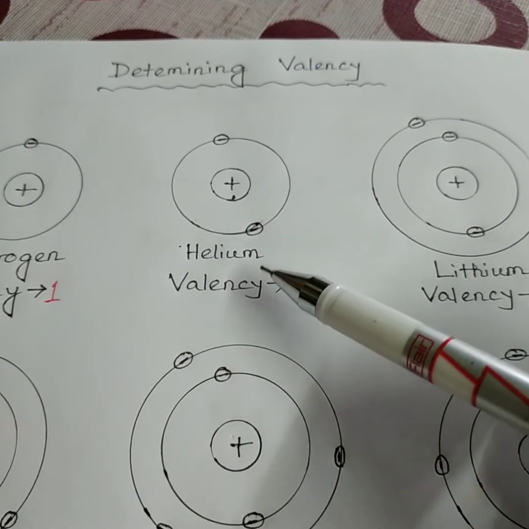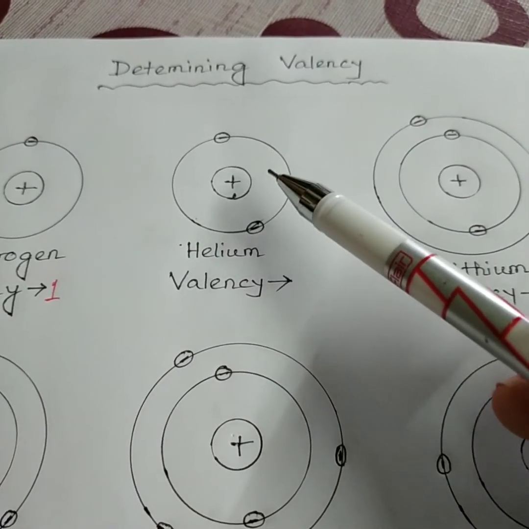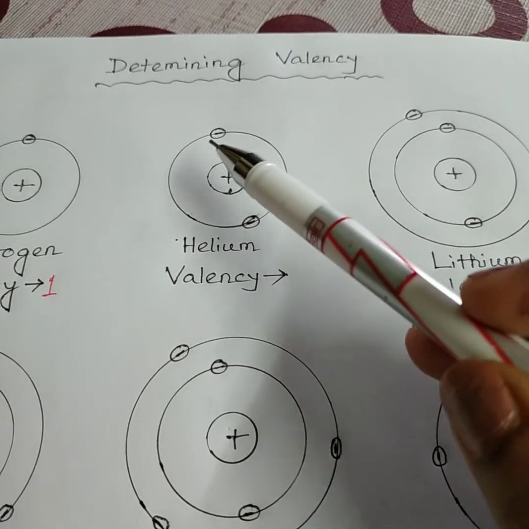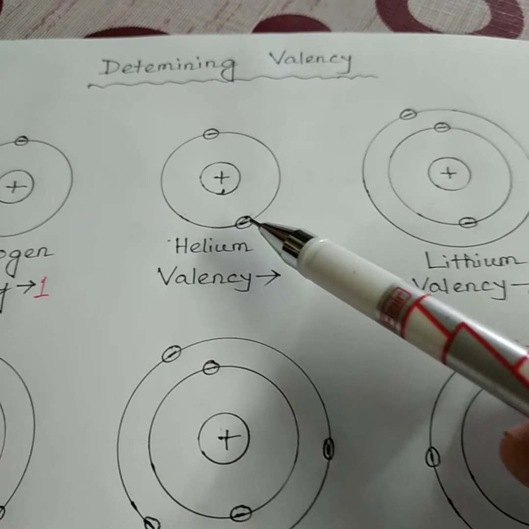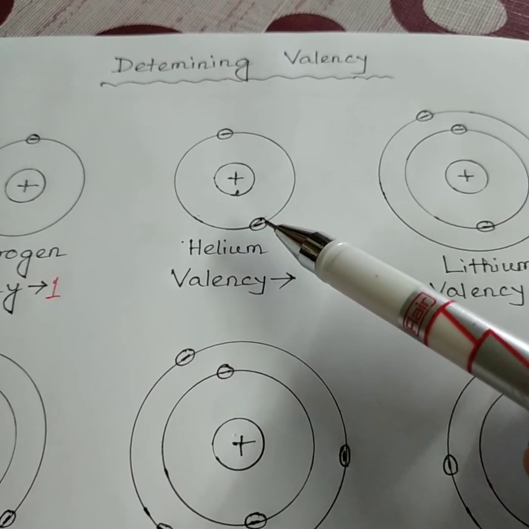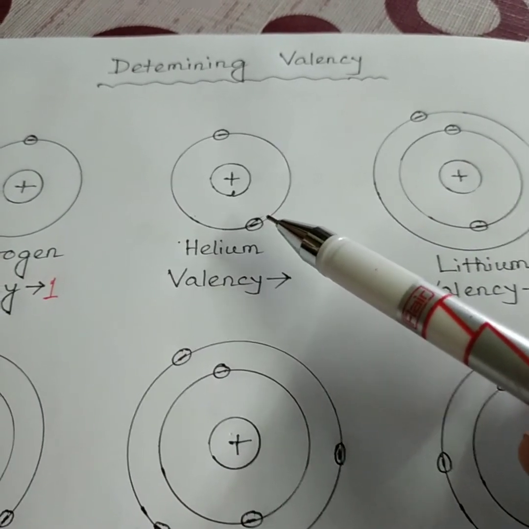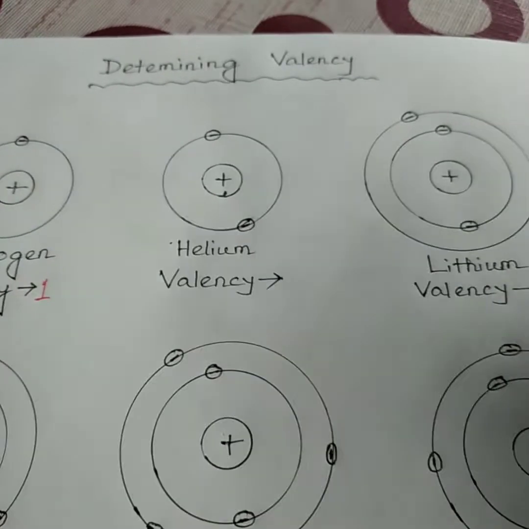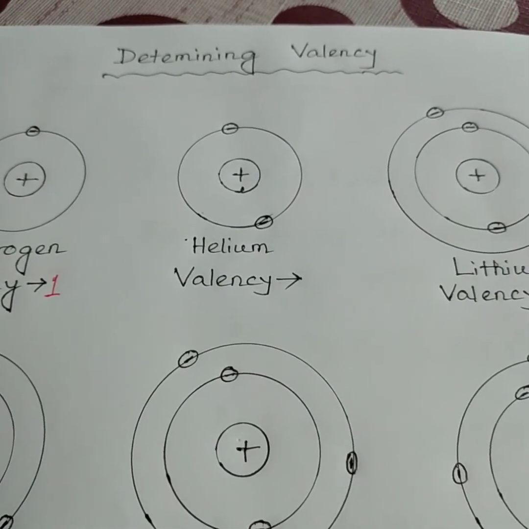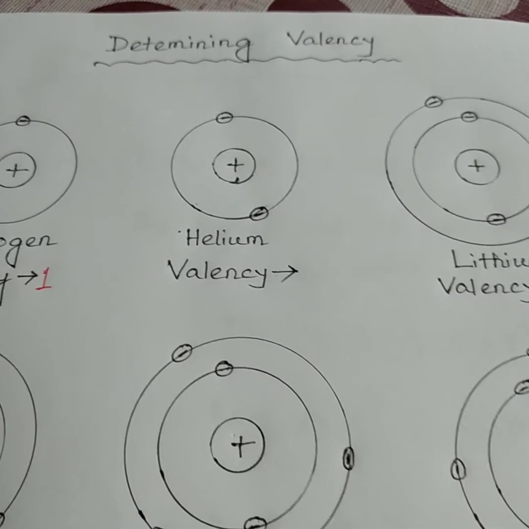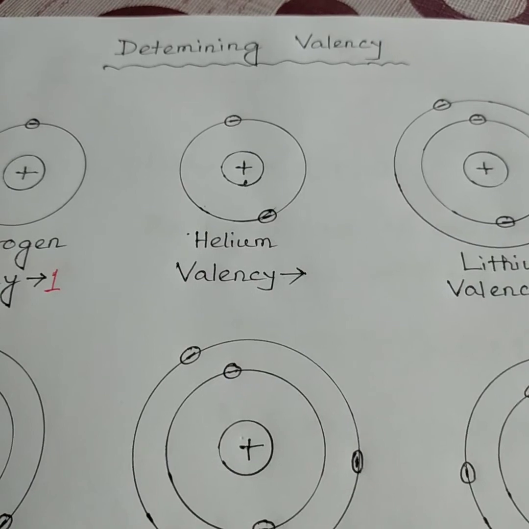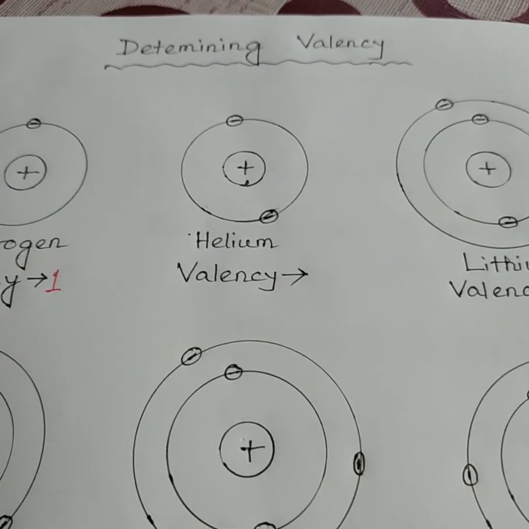Here you can see the helium atom. The number of electrons in the outermost shell is 2. That is, this is the maximum number of electrons that can be in the K shell, right? So, the outermost orbit is completely filled. So, we can see less chemical activity in that particular element.